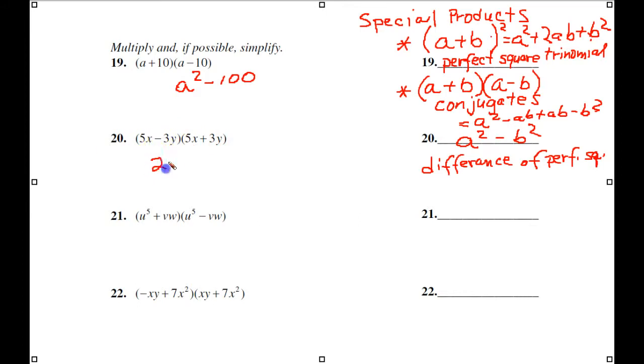So you're going to get 25x squared minus 9y squared. You don't have to worry about doing the inners and outers because they're going to cancel out. These are conjugates. Take a look at it carefully. u to the 10th minus v squared w squared. So they're giving a little higher math here, but they are conjugates.